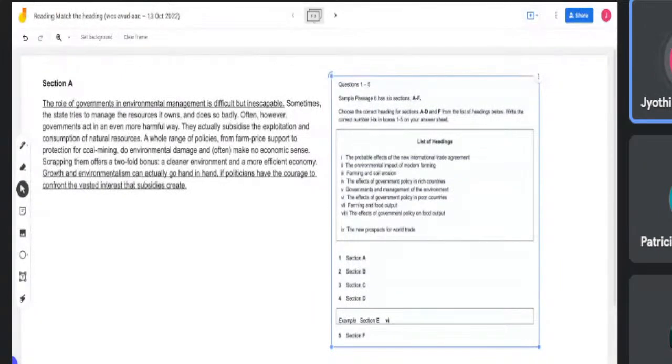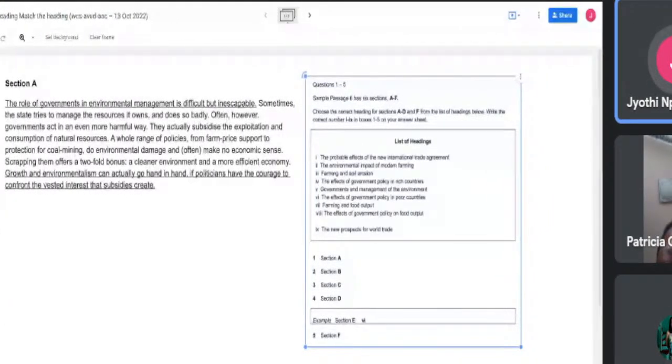Here, the role of governance in environmental management is difficult but inescapable, and then growth of environmentalism. So the summary and this one are both talking about government and environmental management. So what do we have here? The fifth one, governance and management of the environment. Got it? So this is the way you need to look for the title.